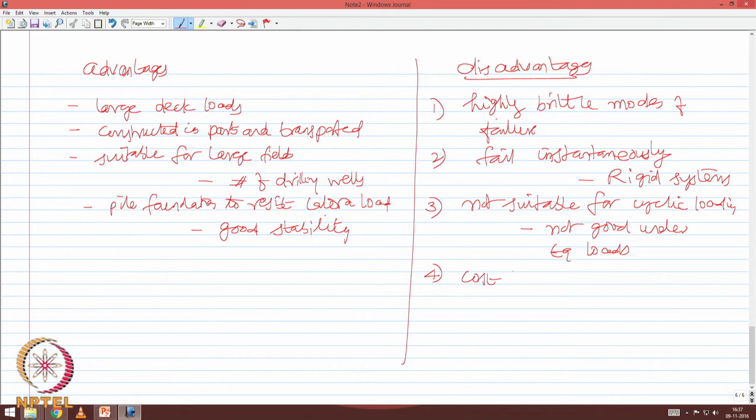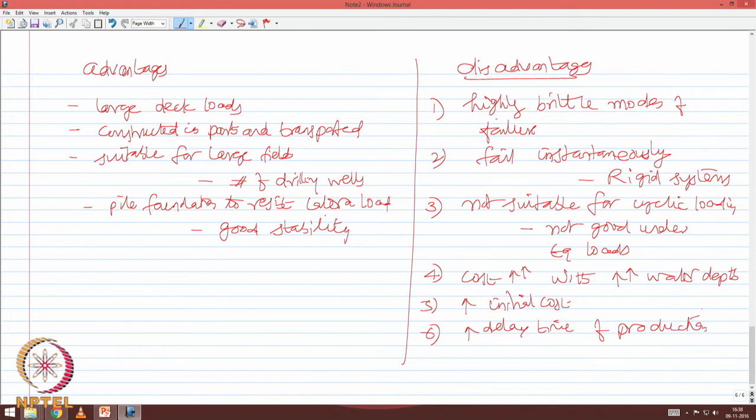The cost of the platform increases larger with increase in water depth. It has got very high initial cost. It has got a very high delayed time of production.